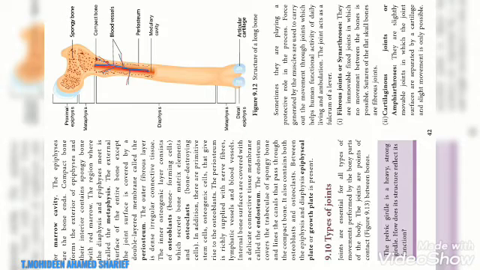Next, the epiphyses are the bone ends. The compact bone forms the exterior of epiphyses, and their interior contains spongy bone with red marrow. The region where diaphysis and epiphysis meet is called the metaphysis. So, this is the overall structure of the bone.